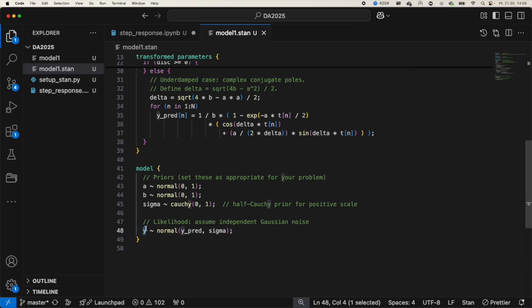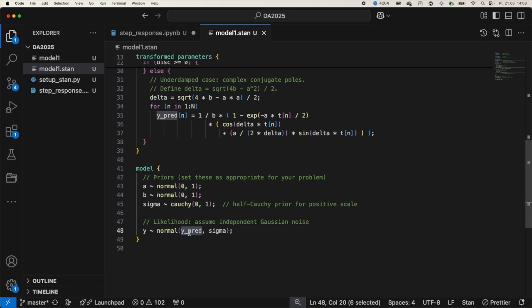We say that our data is distributed as a normal distribution centered on our predictions computed above, dependent on parameters, with standard deviation sigma. This is, from a computational point of view, practically equivalent to a nonlinear least squares problem.